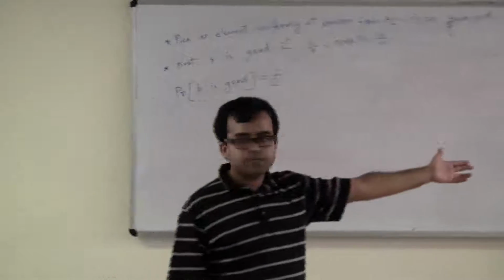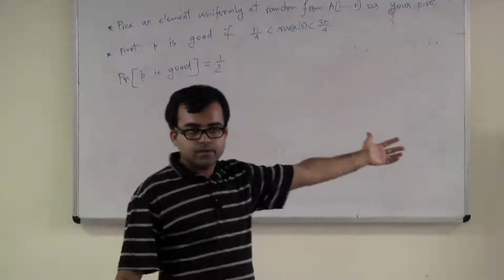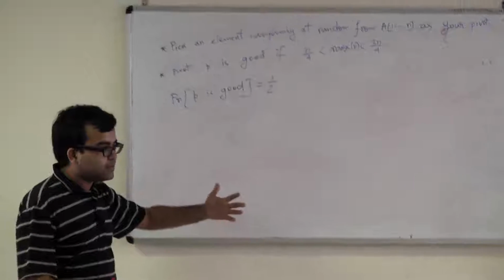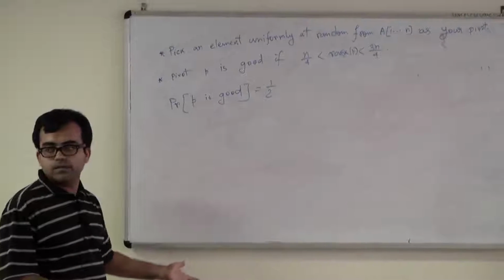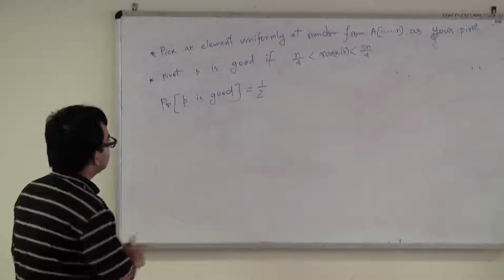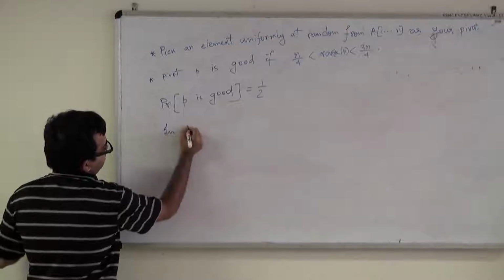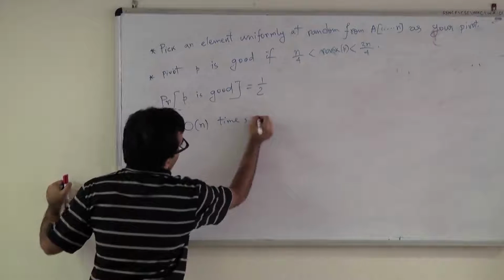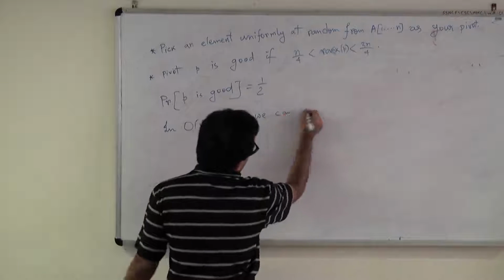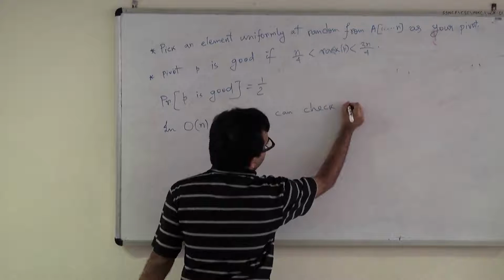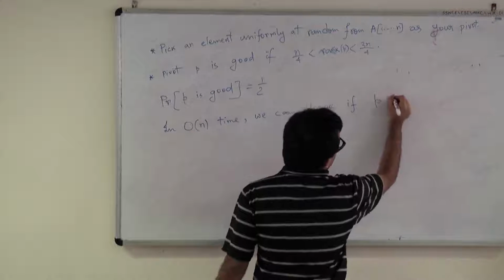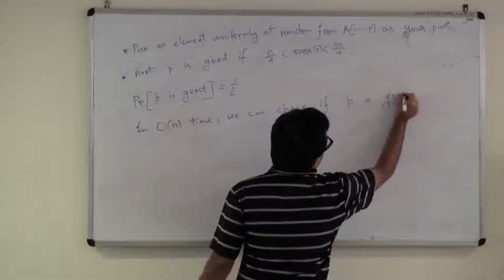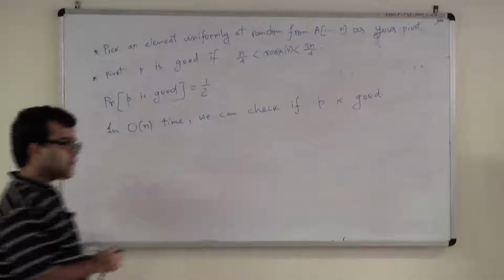Just perform this split pivot subroutine, and it will give you the number of elements whose rank is less than P. So in linear time, we can check if P is good.